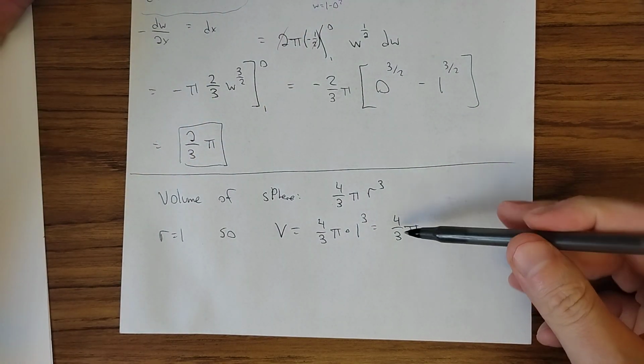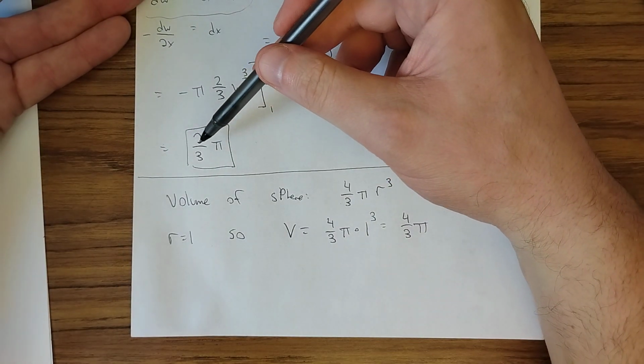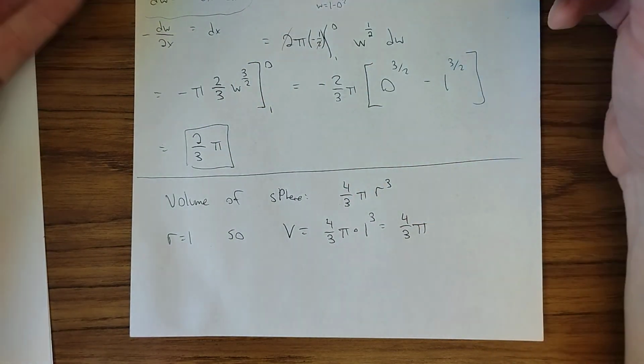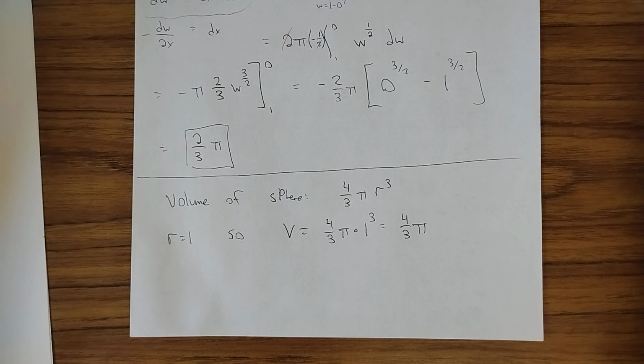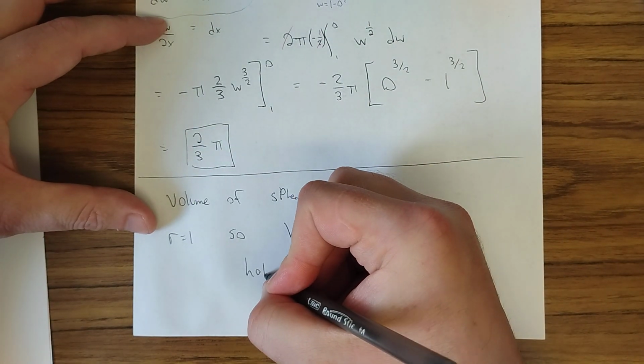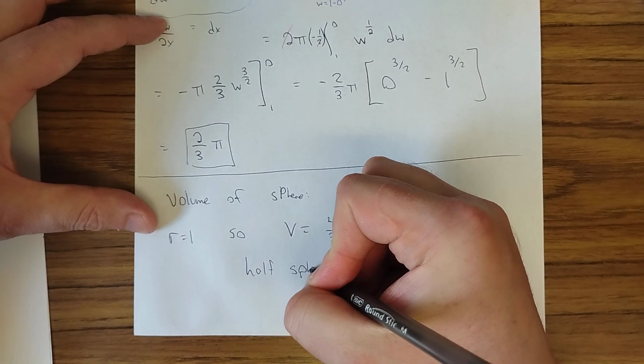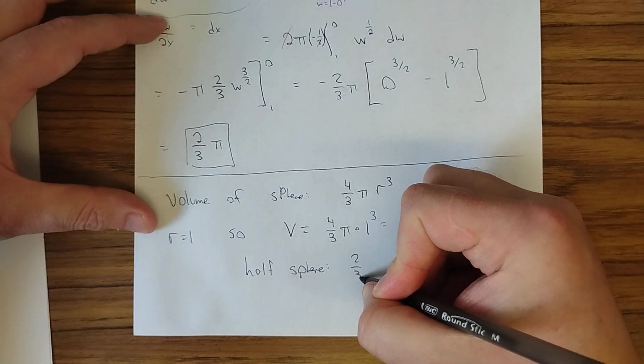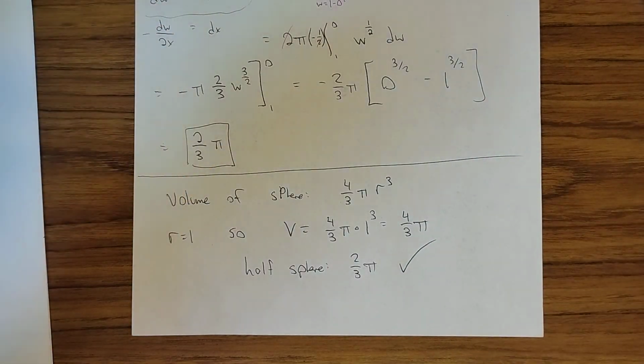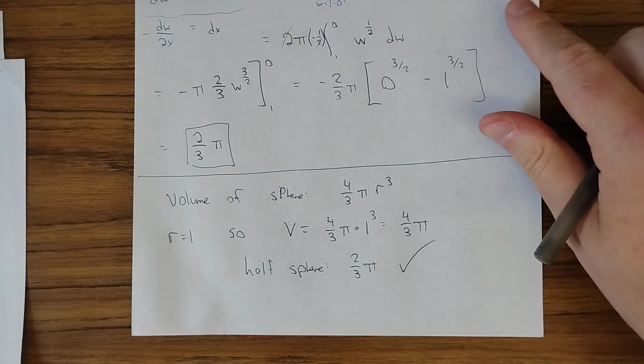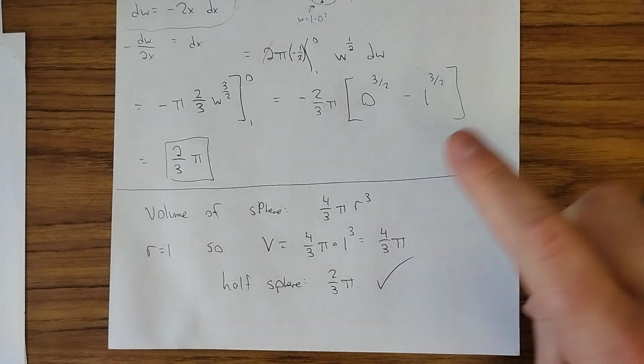But of course we were doing half a sphere, so we should get 2/3 pi. So that's, again, math works. The answer checks out with what we know it should be. Okay, great.